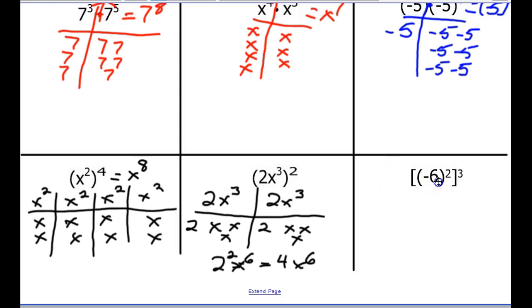Now over here our brackets are the same thing as parentheses, so inside our brackets we have negative 6 to the 2nd power. So we're going to write negative 6 to the 2nd power, negative 6 squared. We have 3 of those, so we're going to write that 3 times.